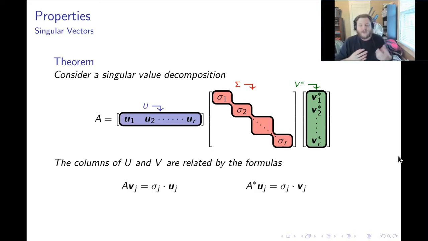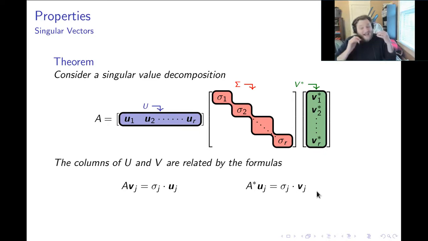Well, it turns out that in this setup, the columns of U and V are related to each other by the matrix A. If we take A and multiply it by the jth column of V, this always produces the jth singular value multiplied by the jth column of U. And if we take the conjugate transpose of A and multiply by the jth column of U, this always produces the jth singular value multiplied by the jth column of V.